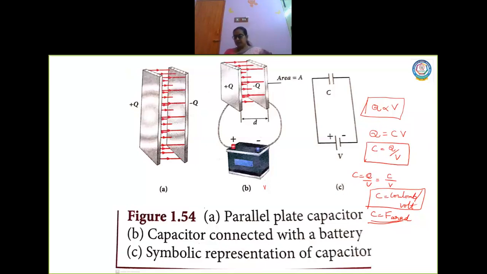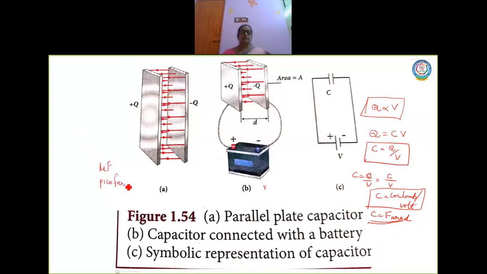But in practice this farad is considered to be a very large unit. So we will not use farad. Instead, we will go for smaller values like microfarad, then picofarad.